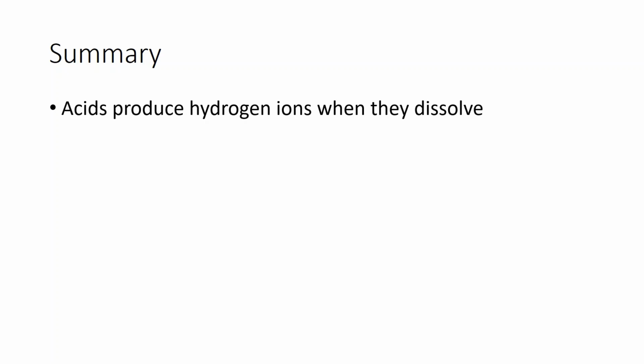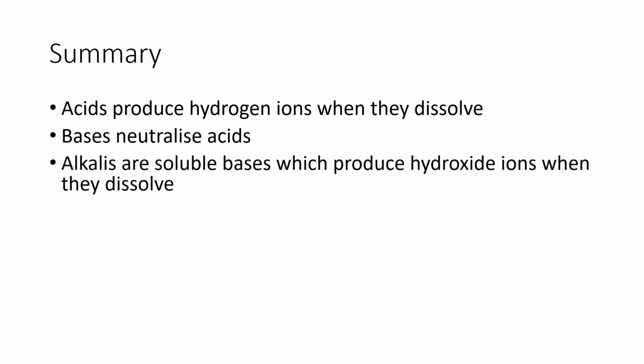Okay, in summary today, Year 10, hopefully you've learned that acids produce hydrogen ions when they dissolve in water. Bases are substances that neutralise acids. Again, that's something that we should have learned in previous lessons, but nevertheless it's something worth reminding ourselves about today. Alkalis are a special type of base which are soluble in water and they produce hydroxide ions when they dissolve.